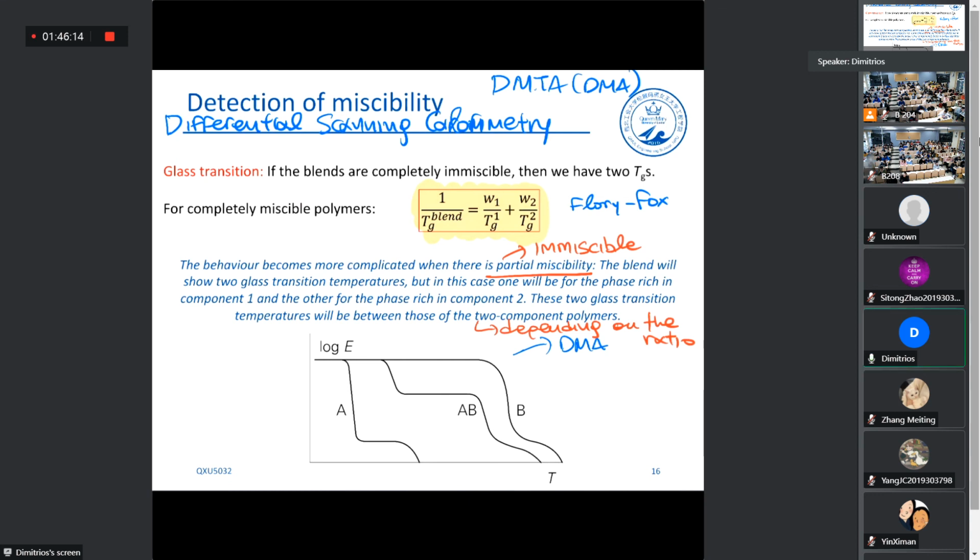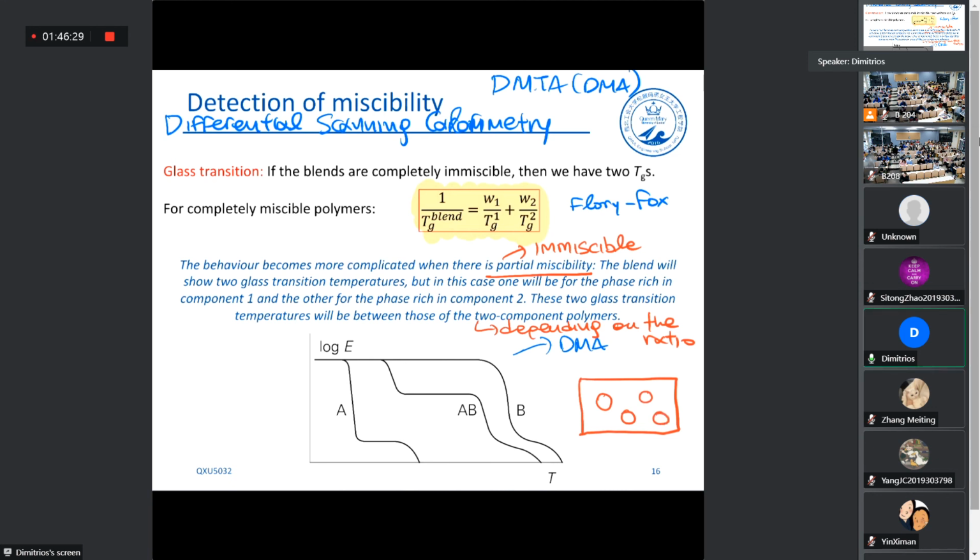Okay. If we have partially miscible materials, let's say we create again these structures of a polymer within a second one.